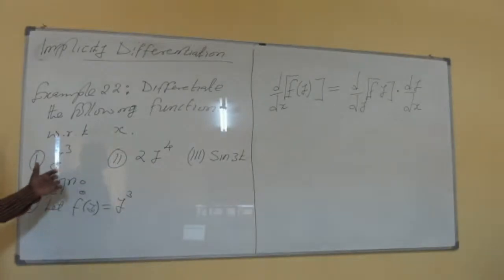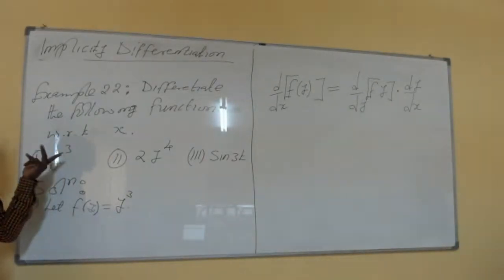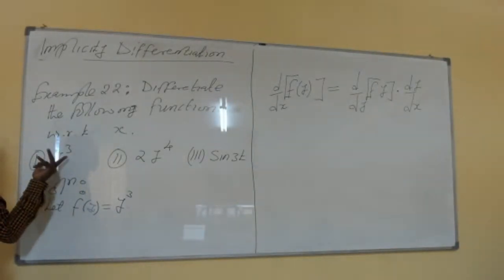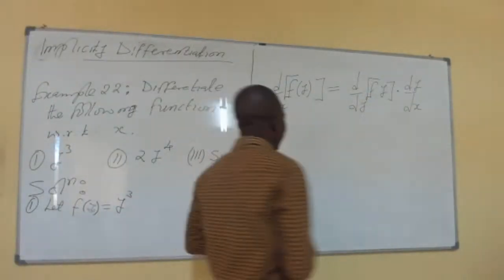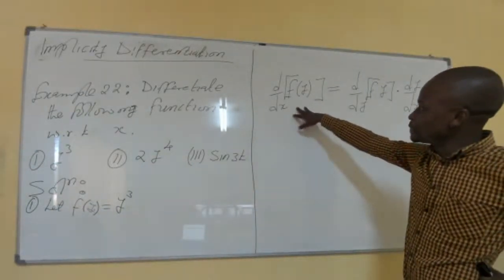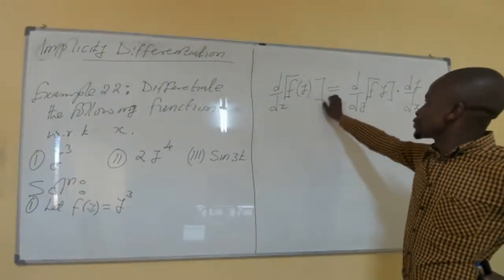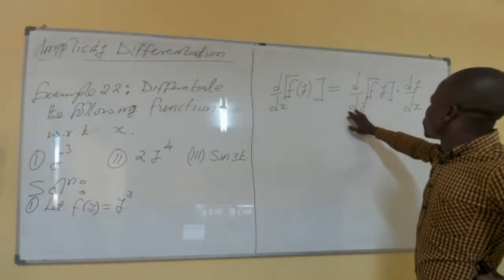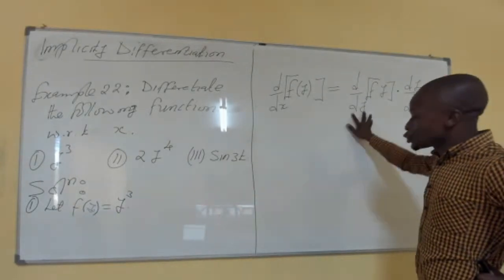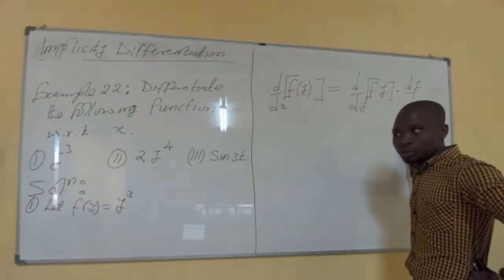I know you are unable to see any variable x in this function, but the y you are seeing here is a function of x. So to differentiate with respect to x, we use the formula: the derivative of f of y with respect to x is equal to the derivative of f of y with respect to y multiplied by the derivative of y with respect to x.